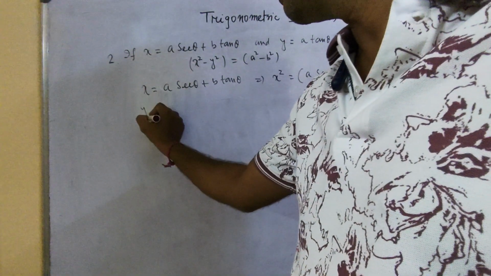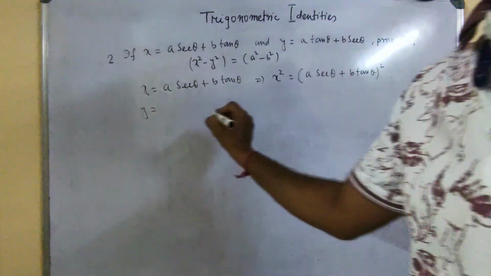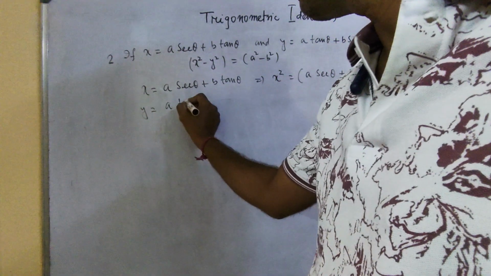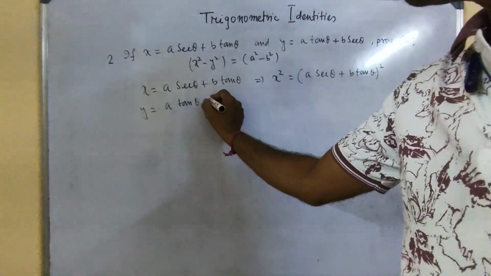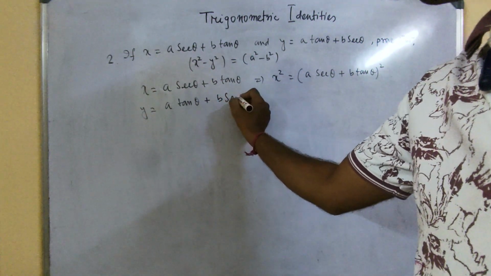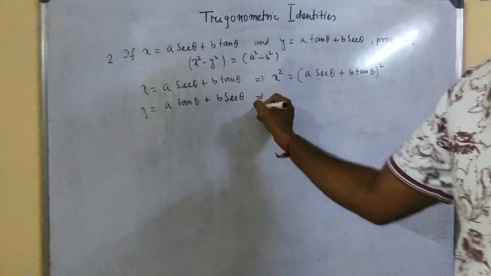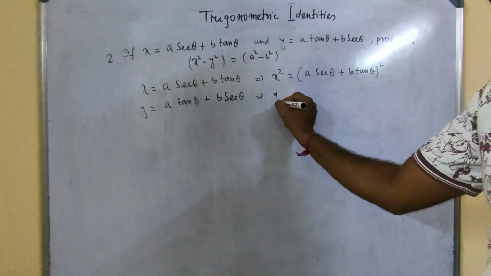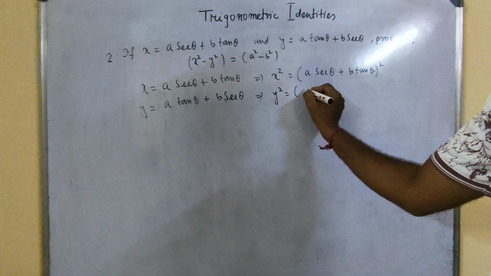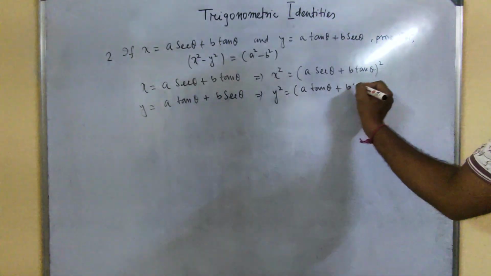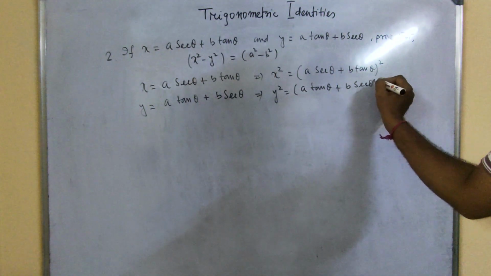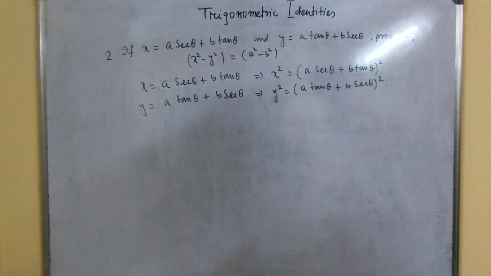And y is equal to a tan theta plus b sec theta. Therefore, squaring both sides, y square is equal to (a tan theta plus b sec theta) whole square.